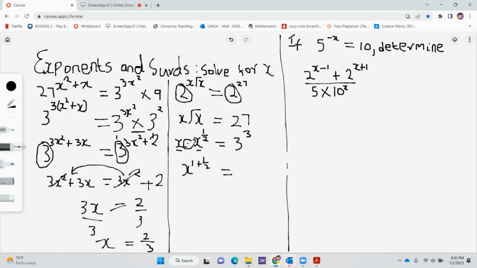This is equal to 3 cubed. So we have x to the power of 1 plus a half, which will give us 3 over 2. Then we have 3 cubed.